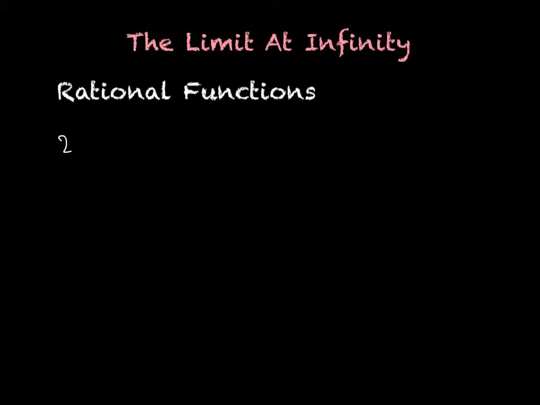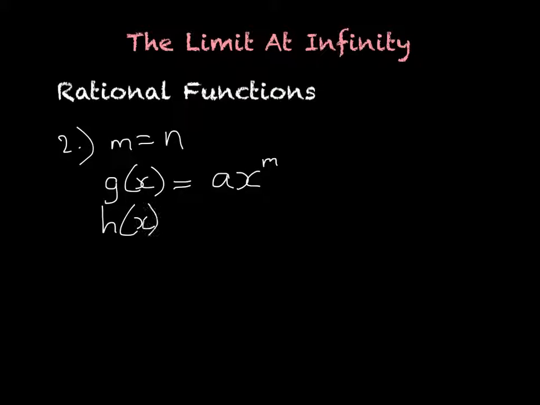The second case is m equals n. Now we'll have to look at the polynomials g of x and h of x a bit closer. We'll say that g of x has a term of highest order, a times x to the m, and then h of x has a term of highest order, b times x to the n.